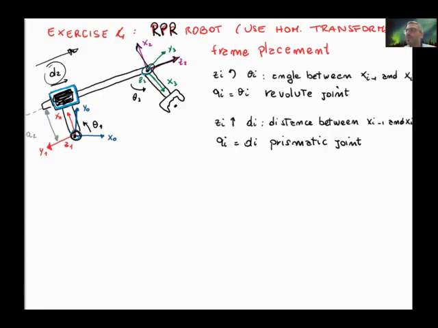And so if we want to compute the homogeneous transforms between the links, we start with the first one, between 0 and 1, and we see that the first transformation is doing what?